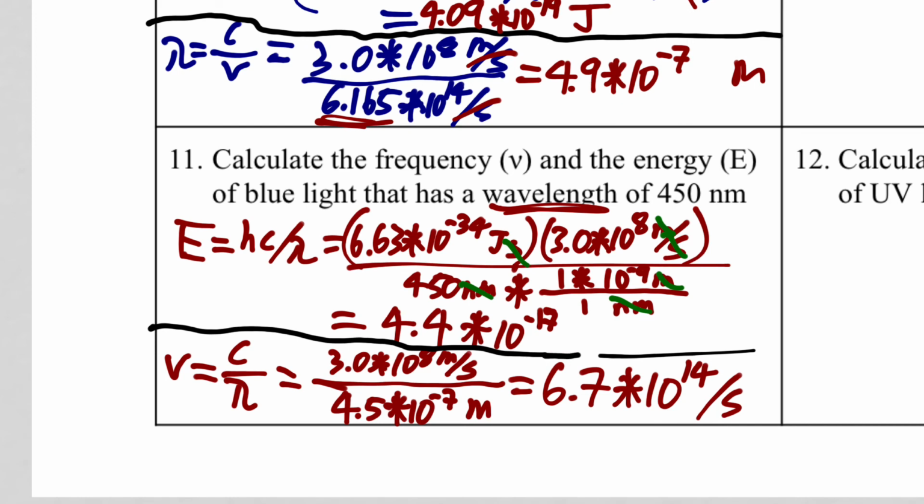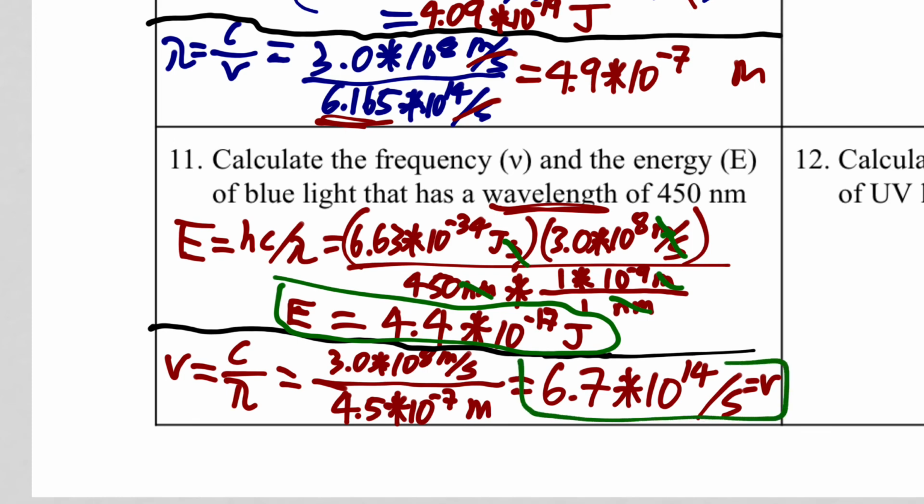So I do apologize, that first part, that was my fault. That's what's wrong with it. That should have been joules, and that's the energy part. So E is equal to that, and nu is equal to that. And that's the two answers here. So the answers are this one and this one.